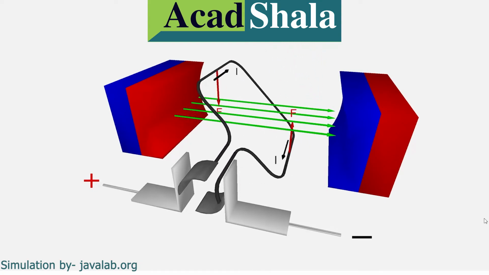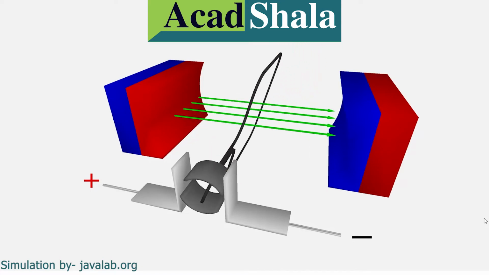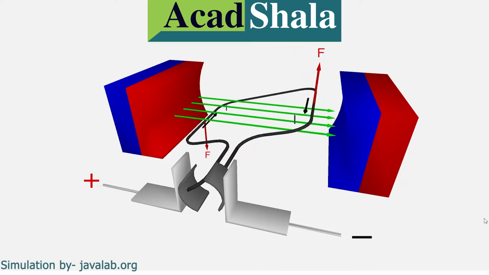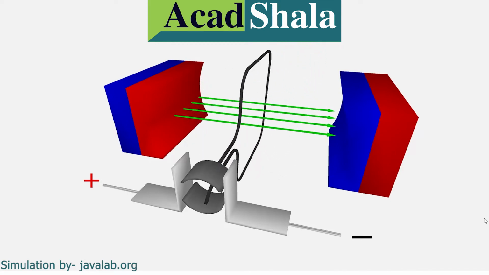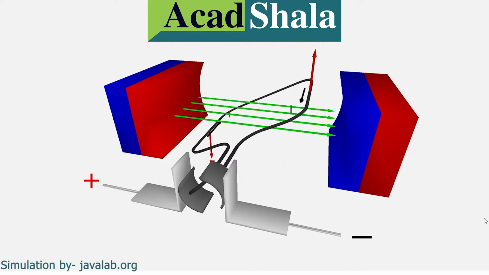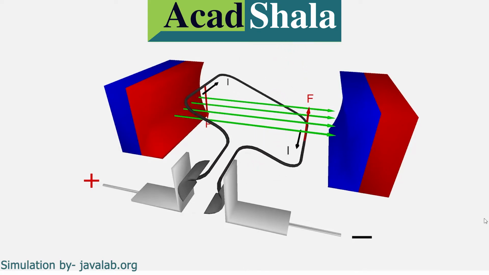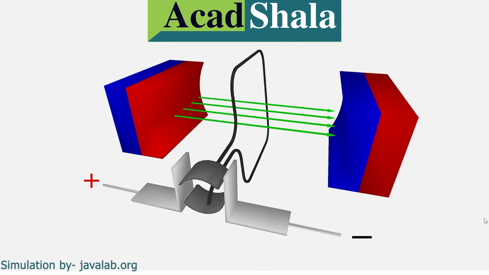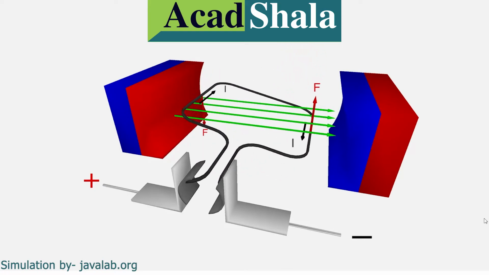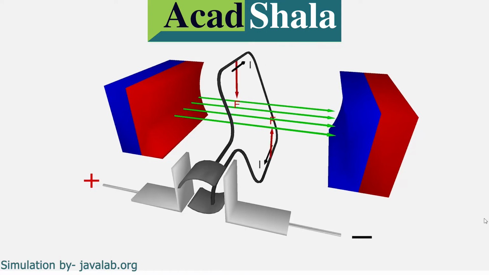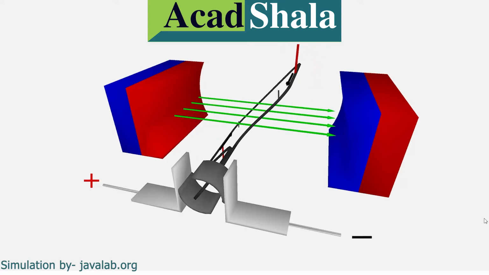On applying Fleming's left-hand rule for the direction of force on a current-carrying conductor in a magnetic field, we find that the force acting on arm AB pushes it downwards, as you're seeing on the screen, children, while the force acting on arm CD pushes it upwards.